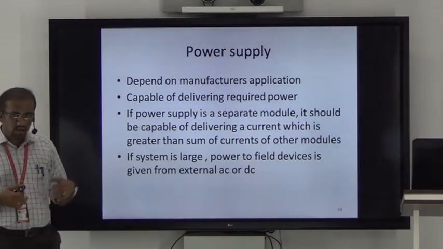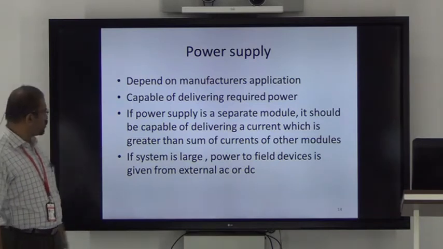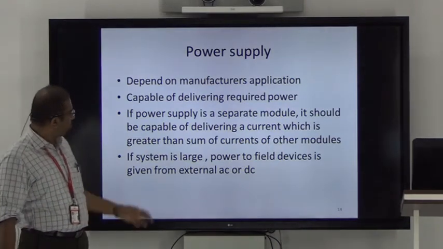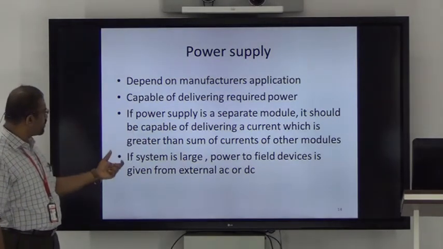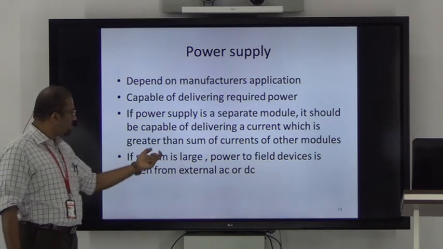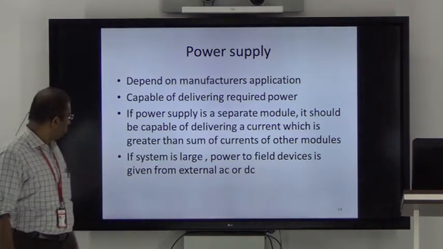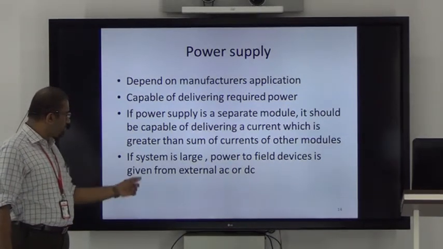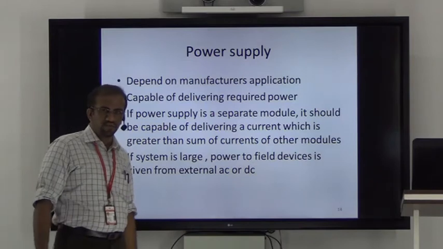Now it can be modulated based on the manufacturer's application. It is capable of delivering the required power. If the power supply is a separate module, then it is capable of delivering a current which is greater than the sum of currents of the other modules. If a system is large, power to field devices is given from an external AC or DC power supply.